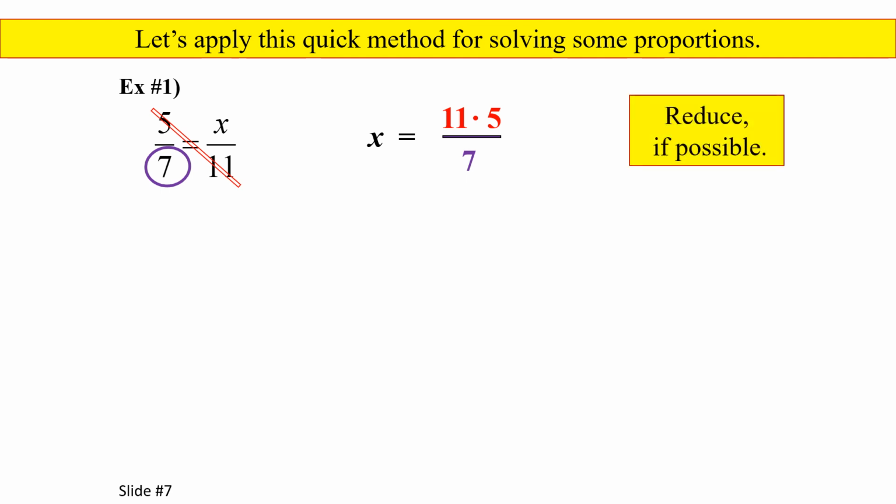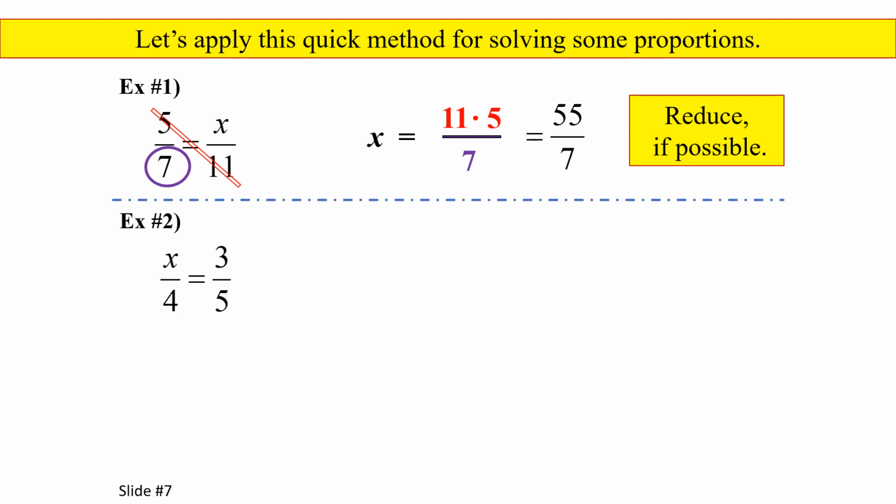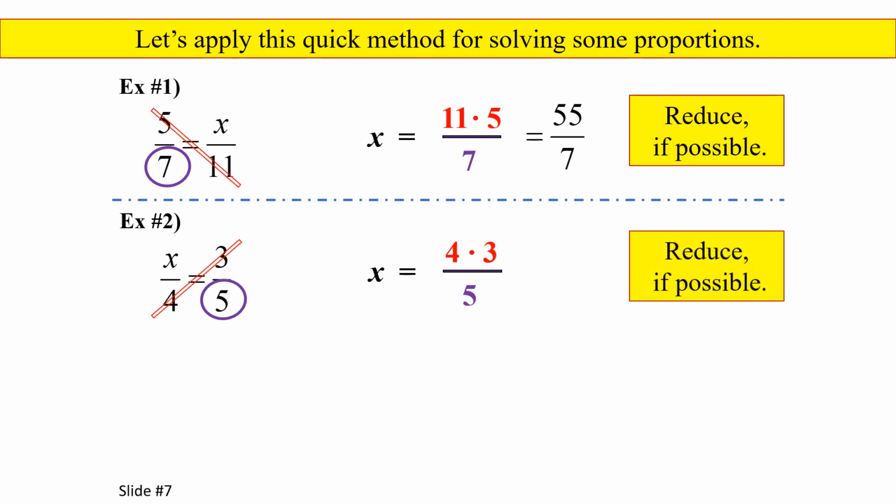Reduce if possible, can't in this case, and we end up with 55 over 7. How about this one? So x is going to be equal to a fraction, where the numerator is the complete diagonal, 4 times 3, and the denominator is the number opposite, which is a 5. No reducing possible, and we end up with 12 over 5.